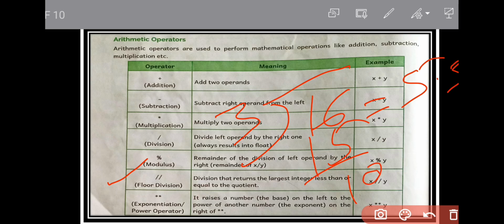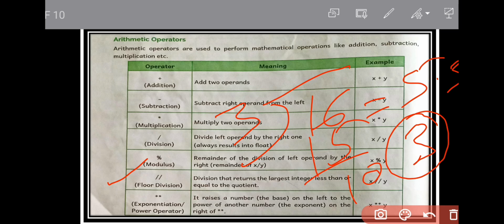Floor division returns the largest integer less than or equal to the quotient, so the answer is 3. It removes the decimal and rounds down the value.